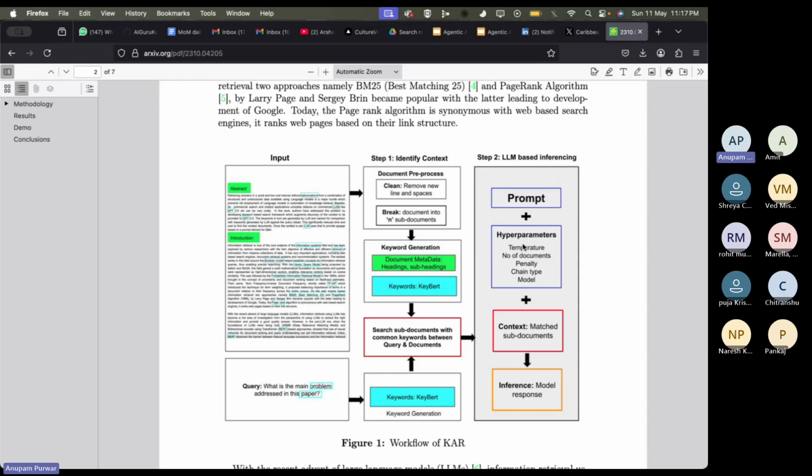So instead of comparing vectors of the query and vectors of the document corpus, we are looking at keywords in the query and keywords in the document corpus. And on that basis we are identifying which paragraph or which lines will go as context along with the prompt.